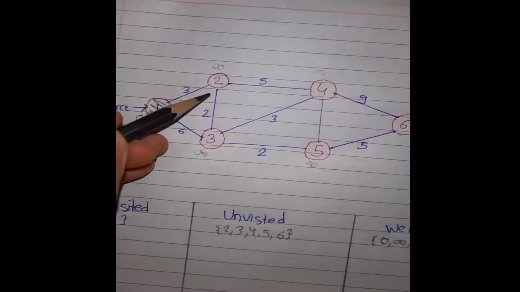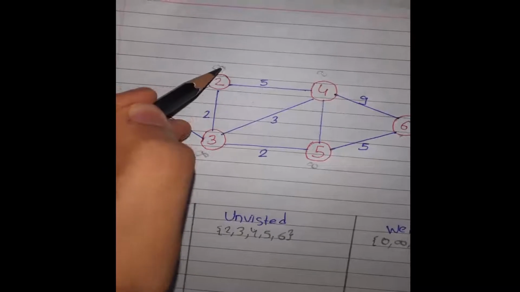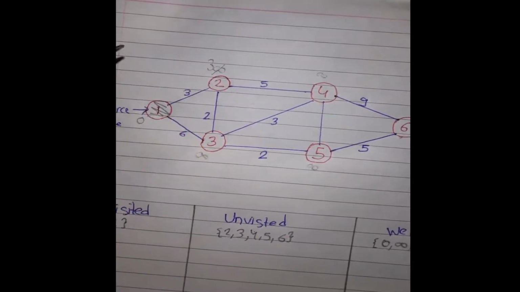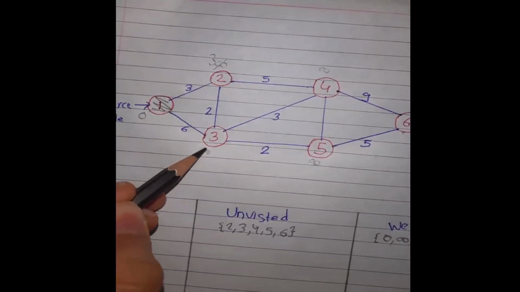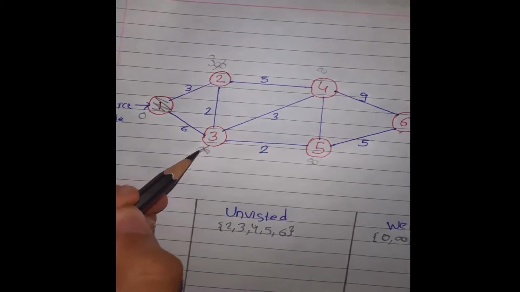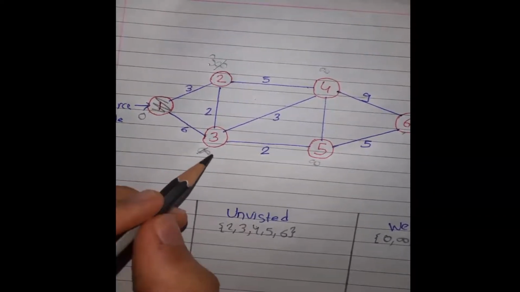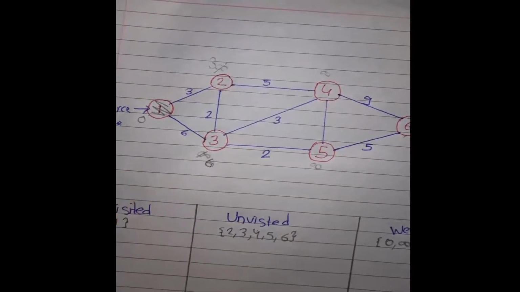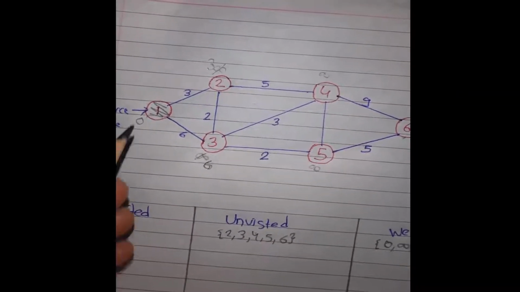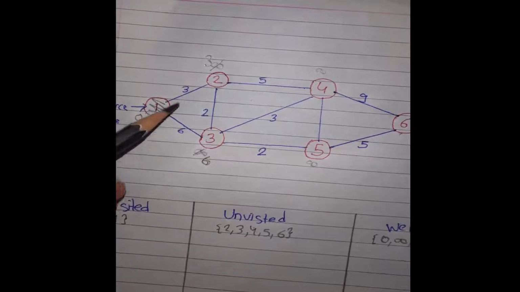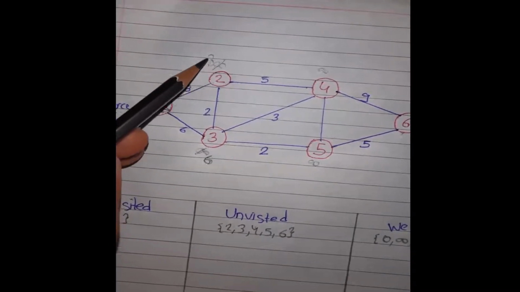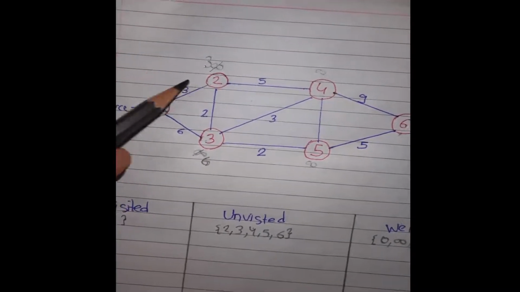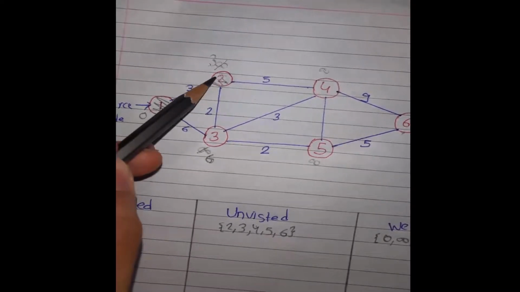Again, visited nodes: we can see this is 3, so I am updating infinity to 3, and this is 6, so I am updating this to 6. But during Dijkstra's algorithm, we consider only the minimum distance, which is the least distance, here 3, so we are considering 2 to be visited.